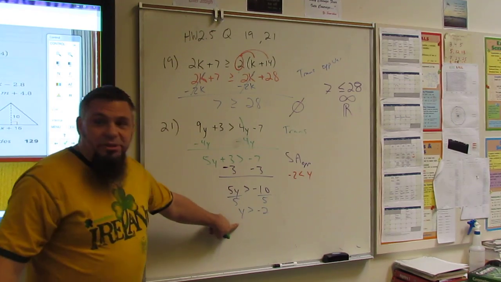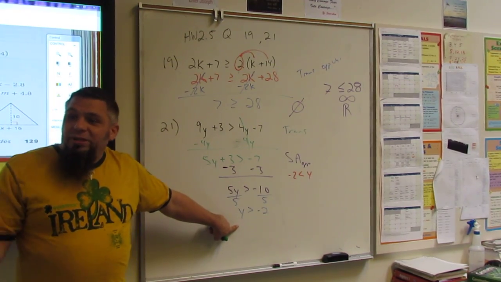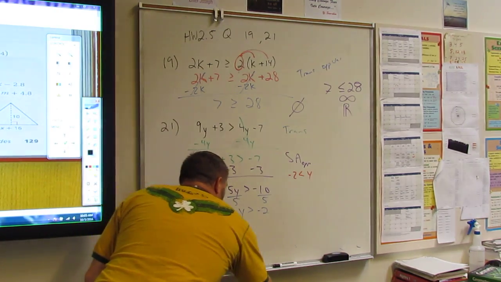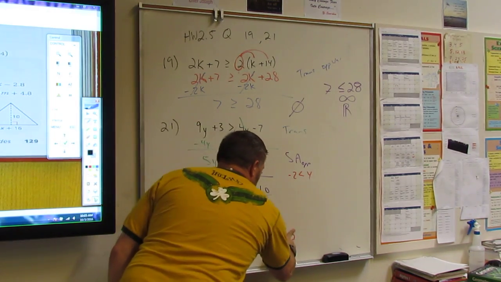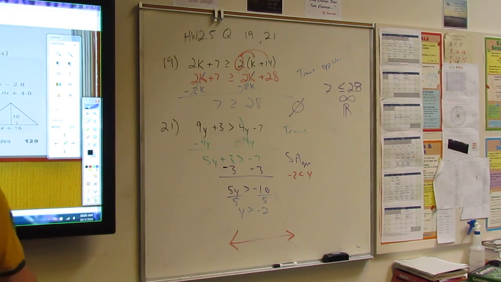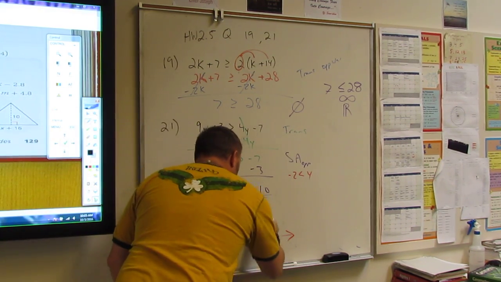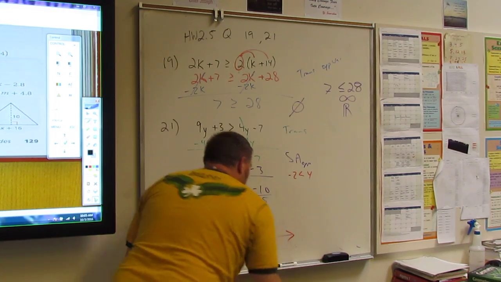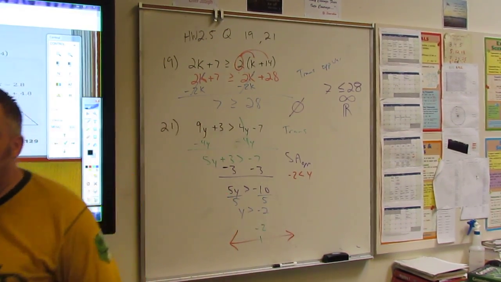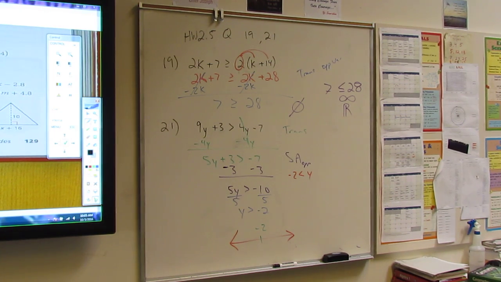So that the variable's on the left. Once the variable's on the left, it's easy. I'm just going to do an arrow like this. And I'm going to put a number in the middle, this number. Is it greater than or equal to, or is it just greater than, right?